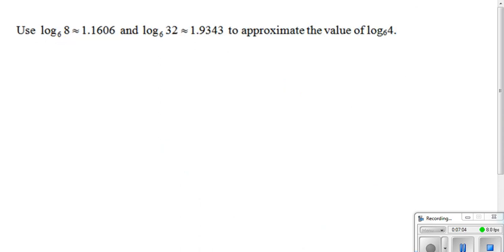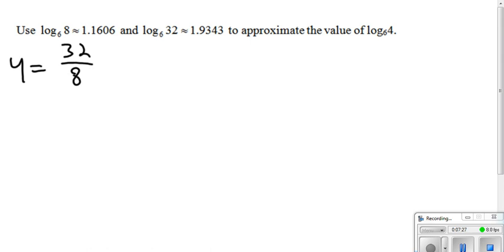All right, let's try that again. If we're given that log base 6 of 8 is approximately 1.1606 and log base 6 of 32 is approximately 1.9343, and we need to approximate the value of log base 6 of 4. Well, we know that 4 is the same as saying 32 divided by 8.